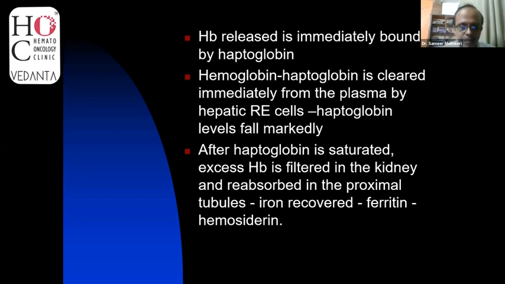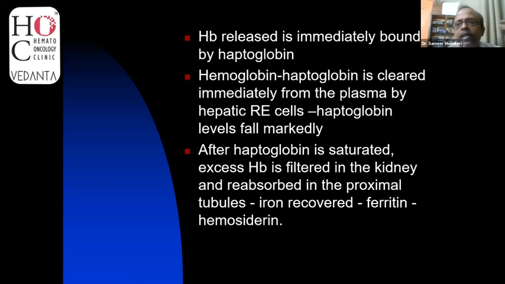While it is getting reabsorbed in the proximal tubules, inside the epithelial cells of those tubules the hemoglobin is broken down and the iron is recovered. That iron gets converted into ferritin and is stored inside the tubular epithelial cells.